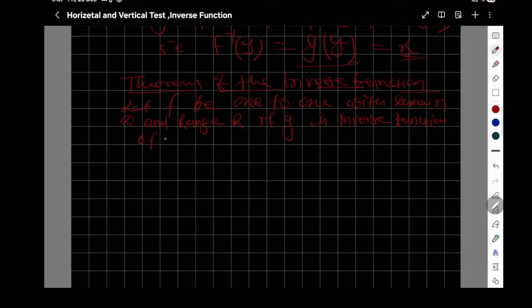if and only if both of the following conditions are true.